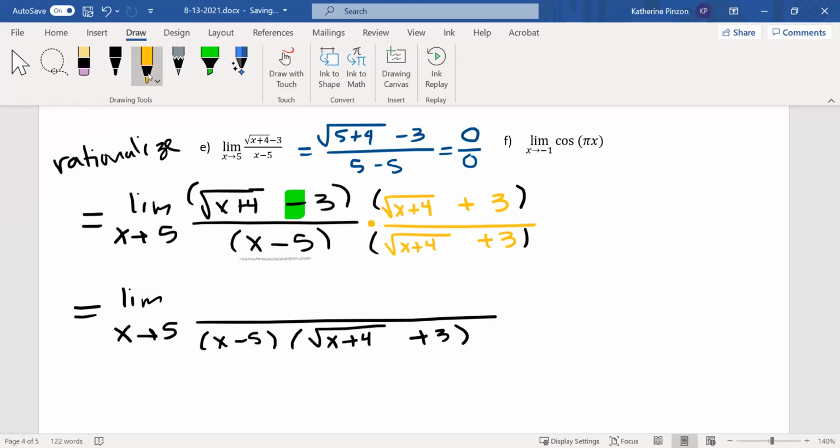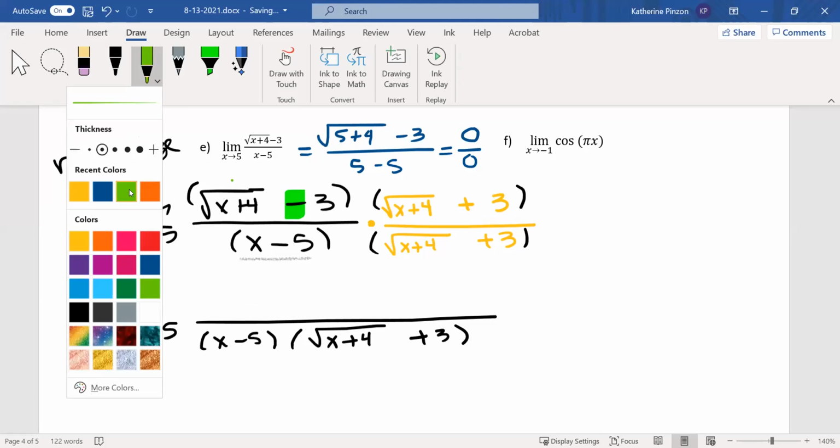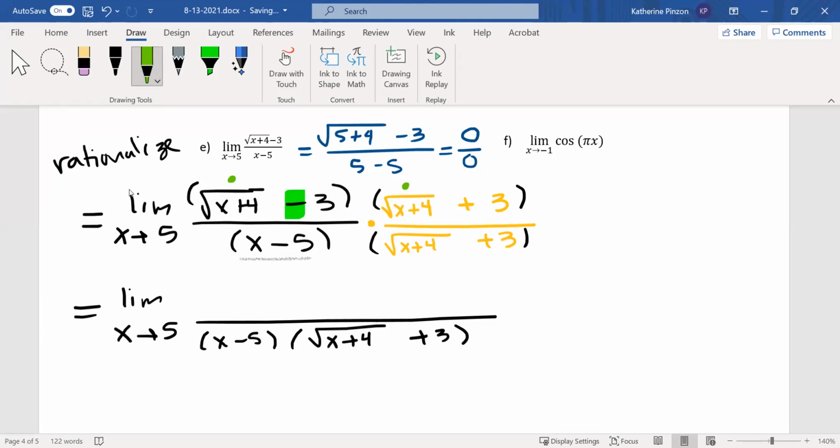To do the numerator, I need to do first these two. So square root of x plus 4 times square root of x plus 4. What do you get when you do that? x plus 4. Yeah, that's awesome. Okay, first outside. When I do the outside, I'm doing square root of x plus 4 times 3. What do you get? 3 square roots of x plus 4.